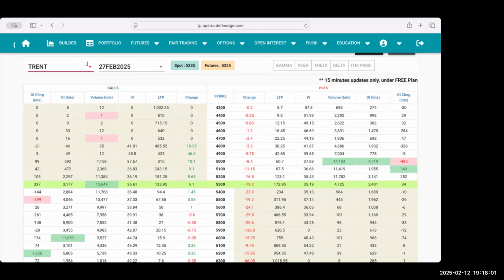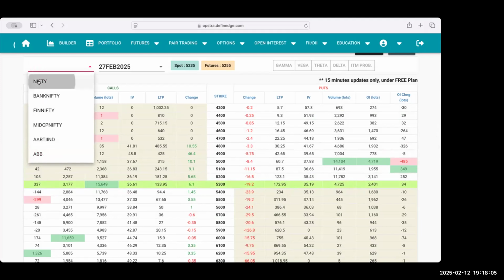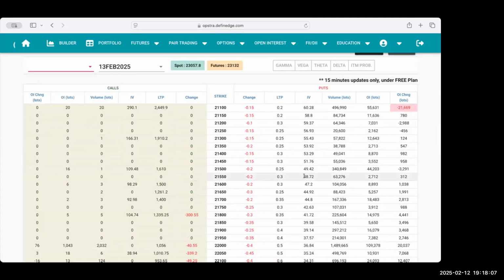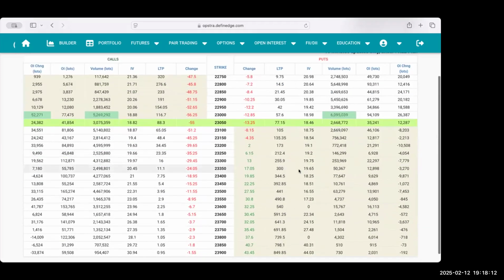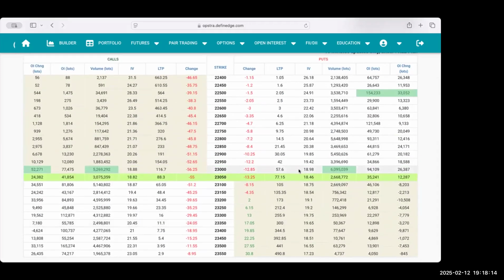Okay, I'll show you Nifty so you will understand it in an easier way. See, this is the Nifty chart. 30 lakh contracts volumes are sitting on the CE side, 26 lakh sitting on the PE side.